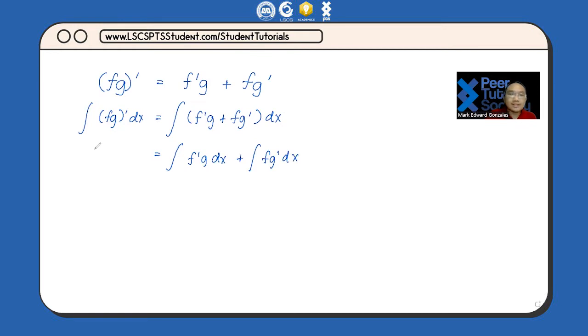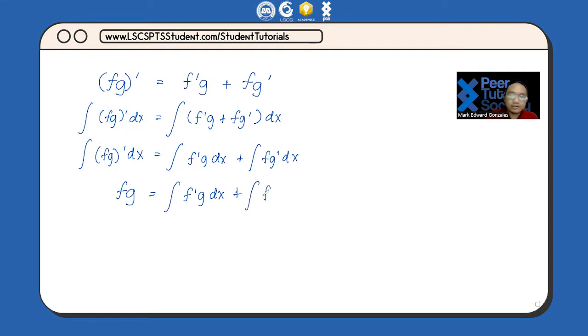And just copy the left-hand side. Notice that we have the integral sign here, then we have the derivative over here. This would imply that they would cancel each other out. So we're just left with the product of f and g. And we copy the right-hand side of the equation this time.